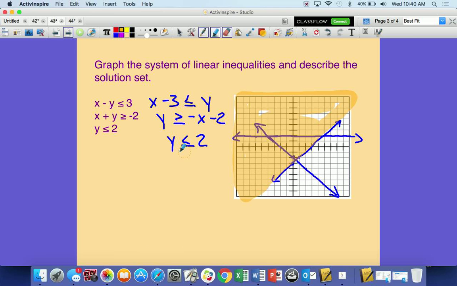Okay, for our next one, 0 is greater than 0 minus 2. 0 is greater than -2. That's also true. So we are going to shade in on this side of the second line here.